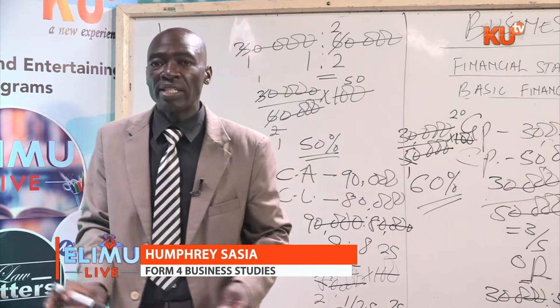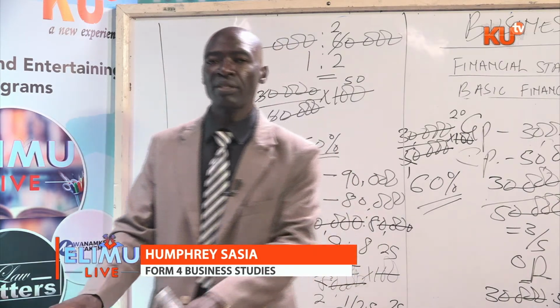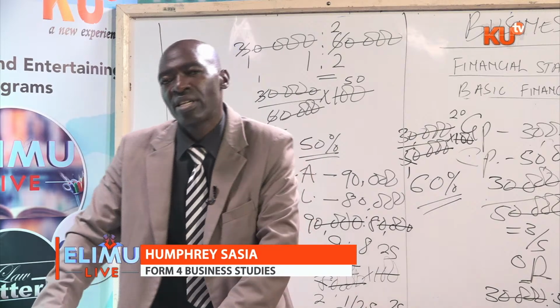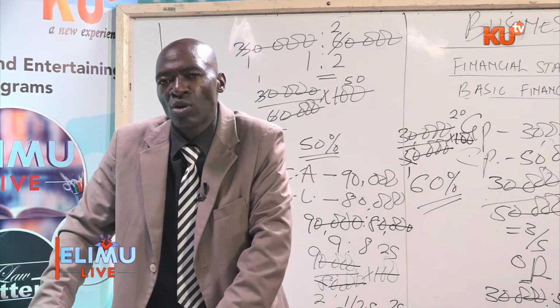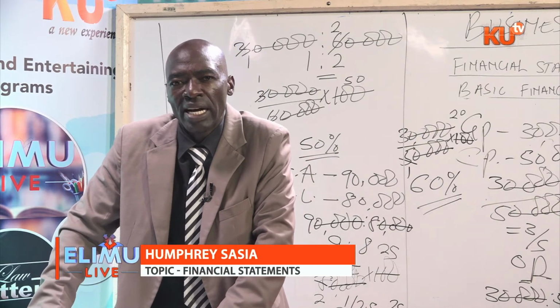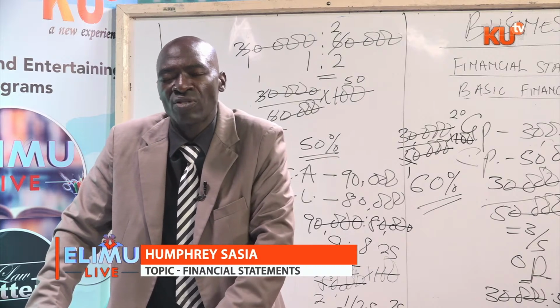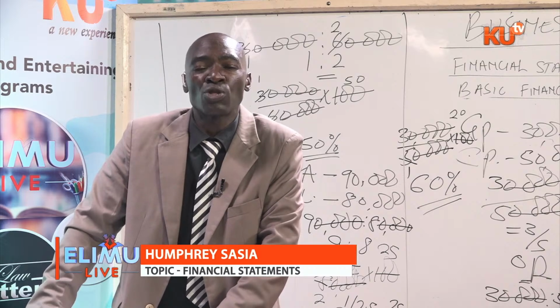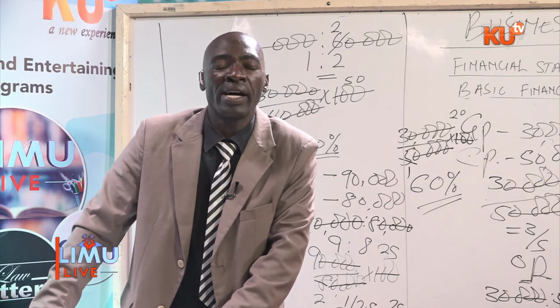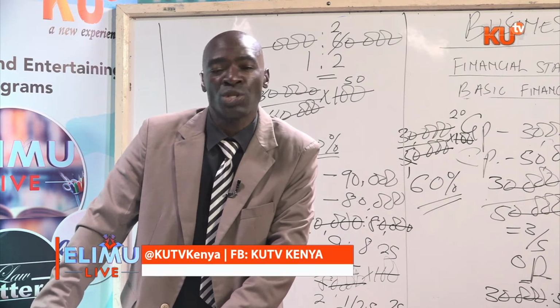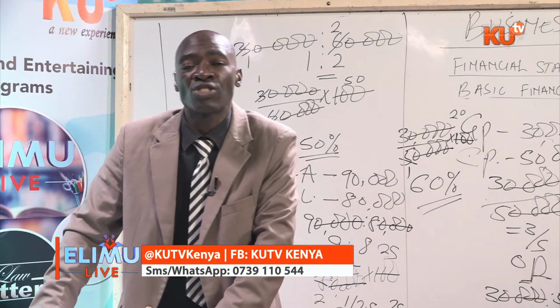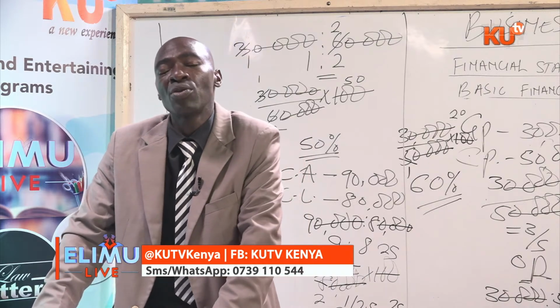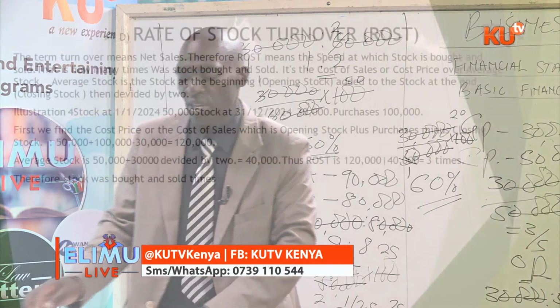Now, how do you get the cost of sales? The cost of sales refers to the cost of goods sold. We have seen earlier that cost price, or cost of sales, or cost of goods sold refers to the resources you spend on the goods that you are selling, or anticipating to sell, or you already sold. So how do you find the cost of sales?